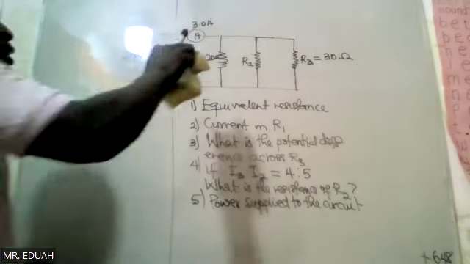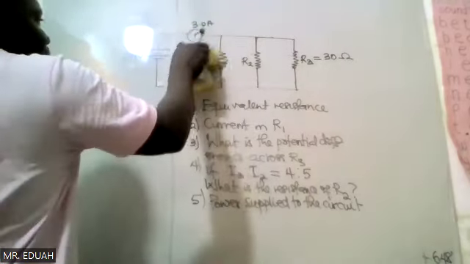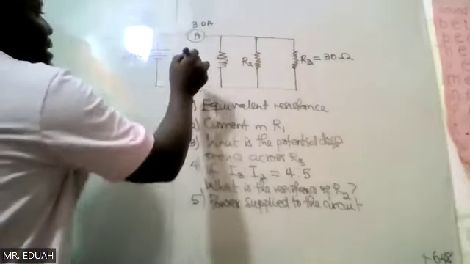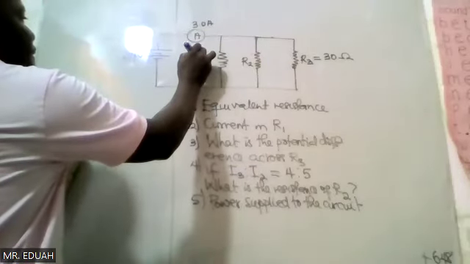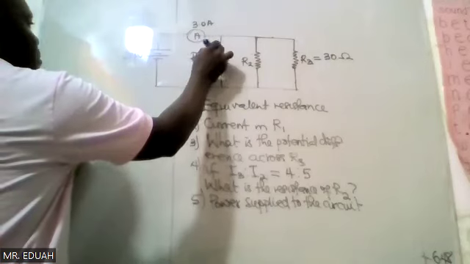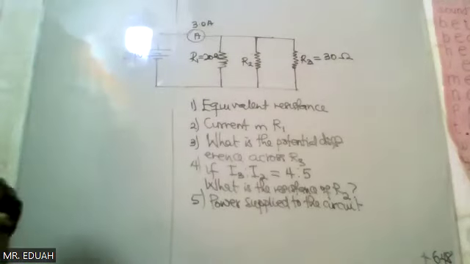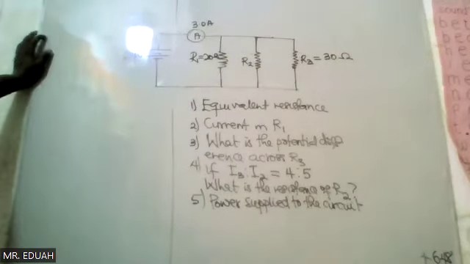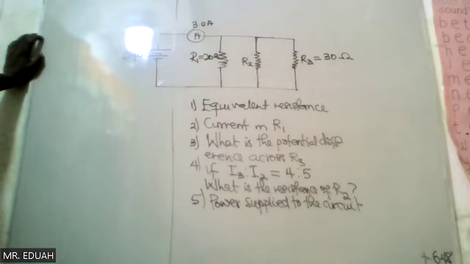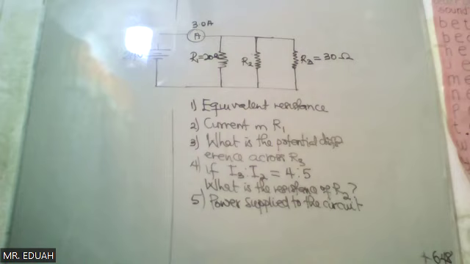We have R1. R1 is 20 ohm. R2, we don't know. R3, that is 30 ohm.